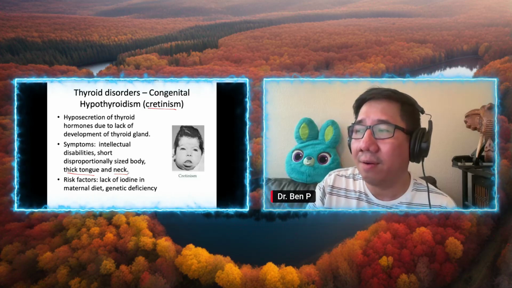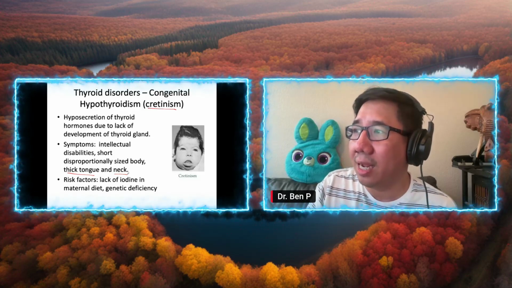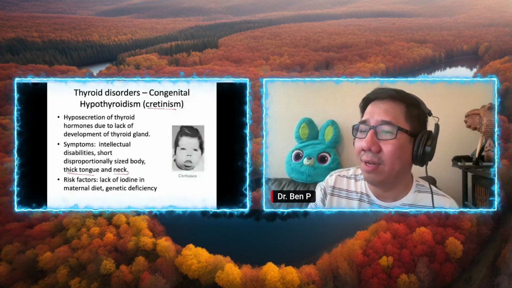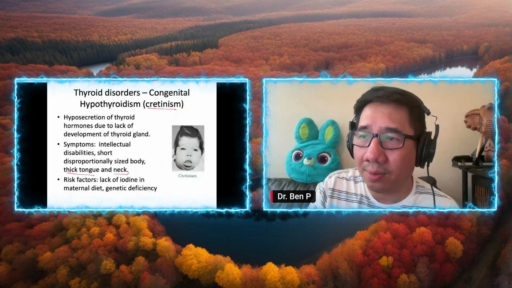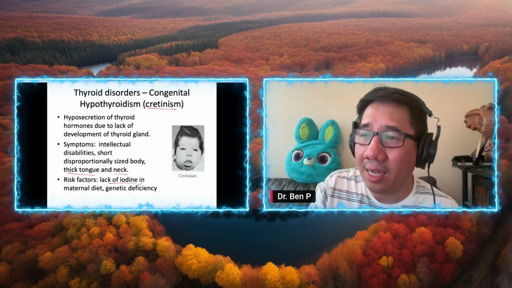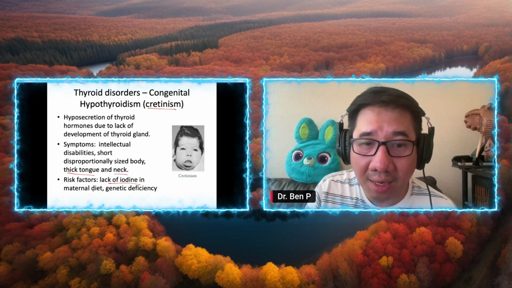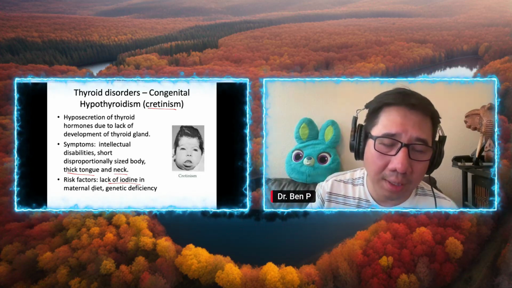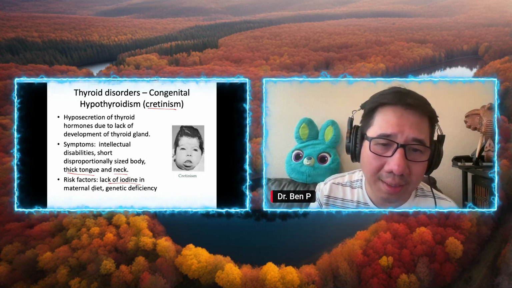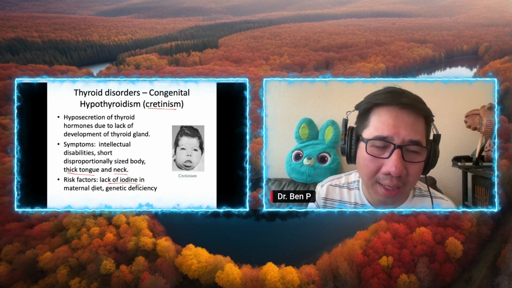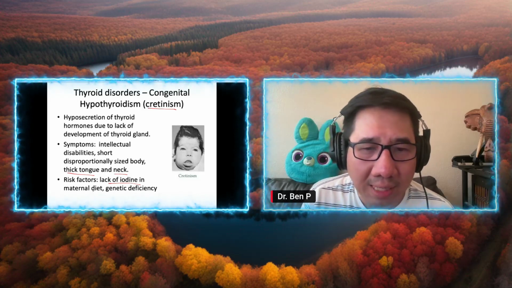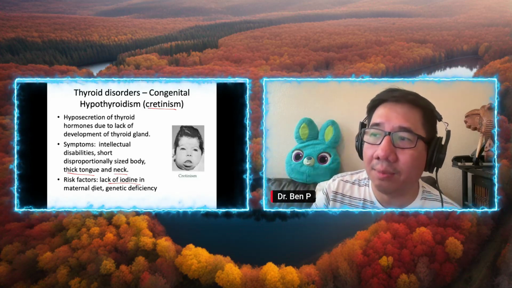You're going to have a huge belly button as well. It's from lack of iodine. We don't see that here because we have iodine in our food, but some third world countries, like some in Central America or even South America, still have this.